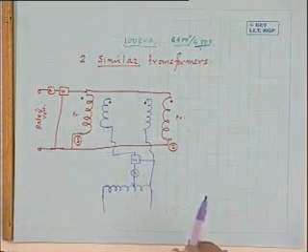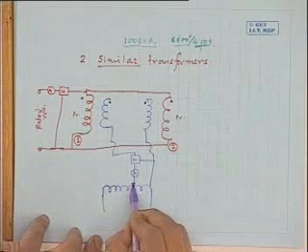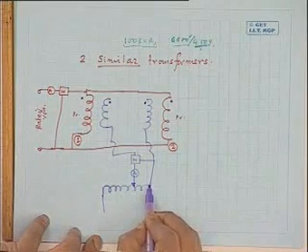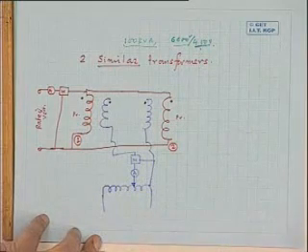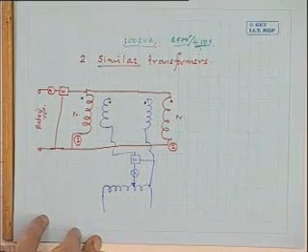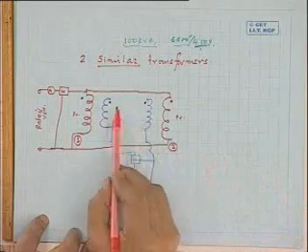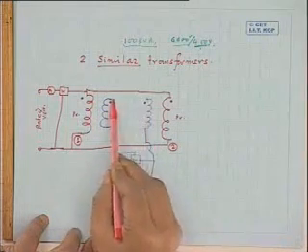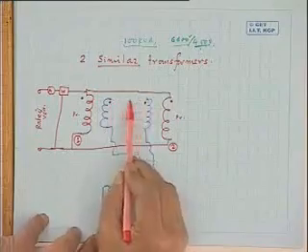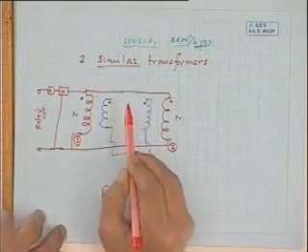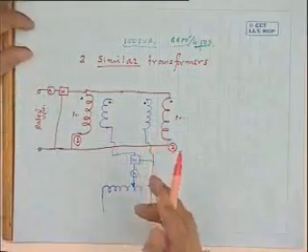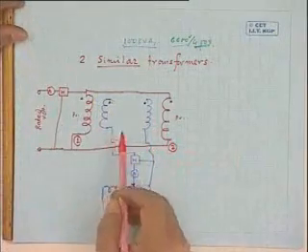This is the pressure coil terminal and connect it in this fashion. And initially, suppose you keep the variac at the 0 position, so no voltage exists between these 2 points. Then if you measure the voltage between these 2 points with a voltmeter, how much will it read? 0 it will read, provided these are also dots.